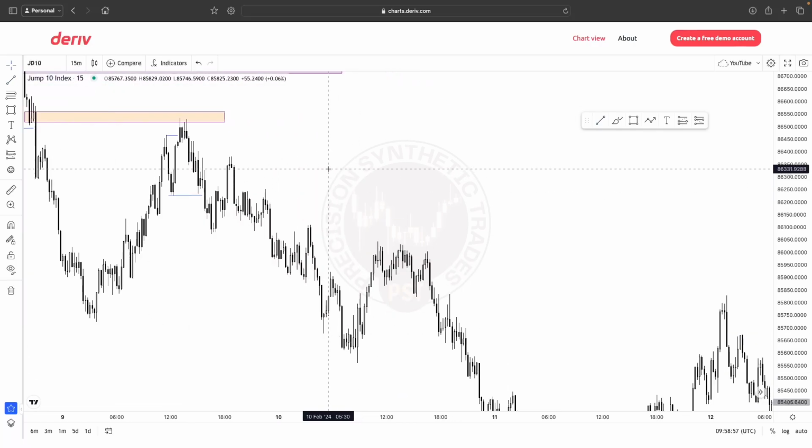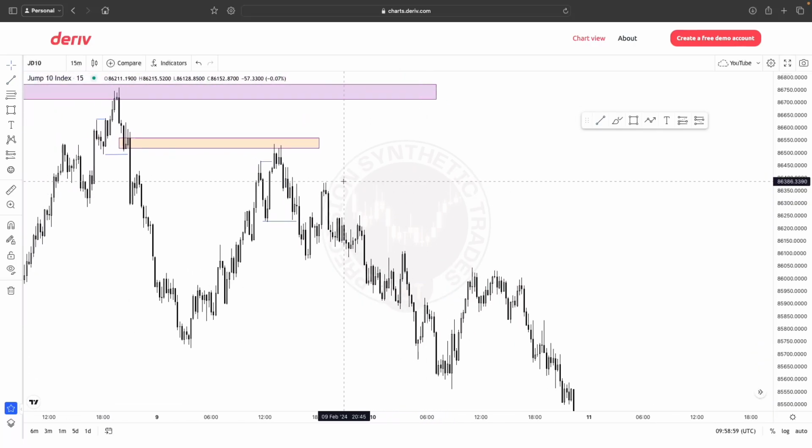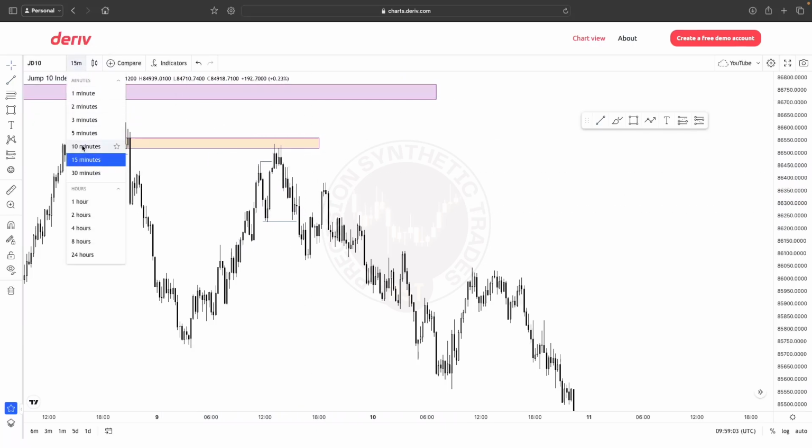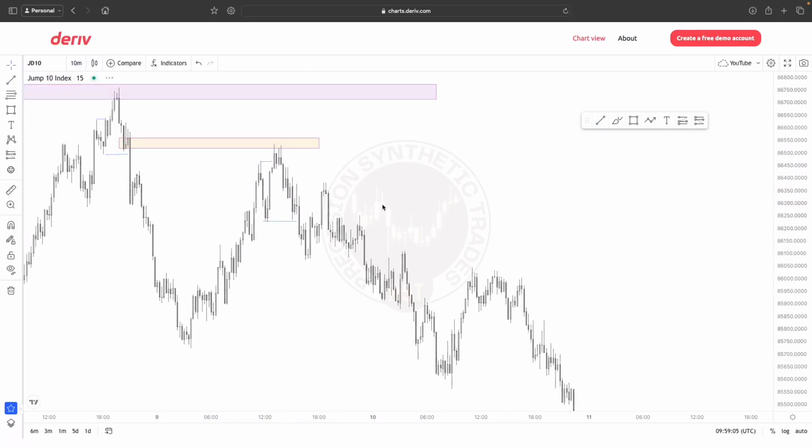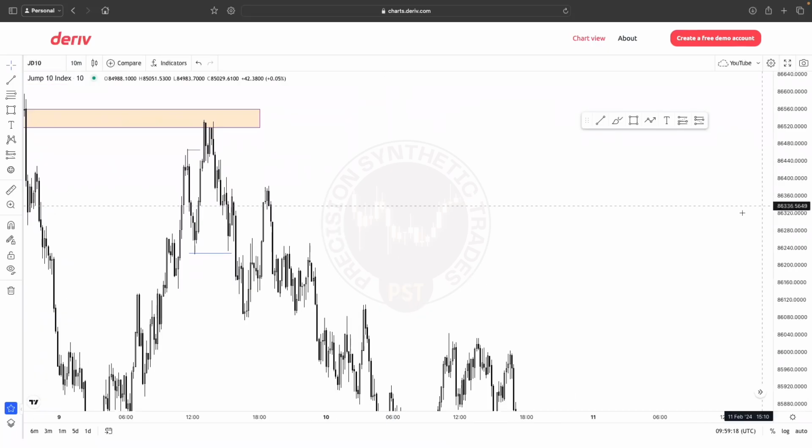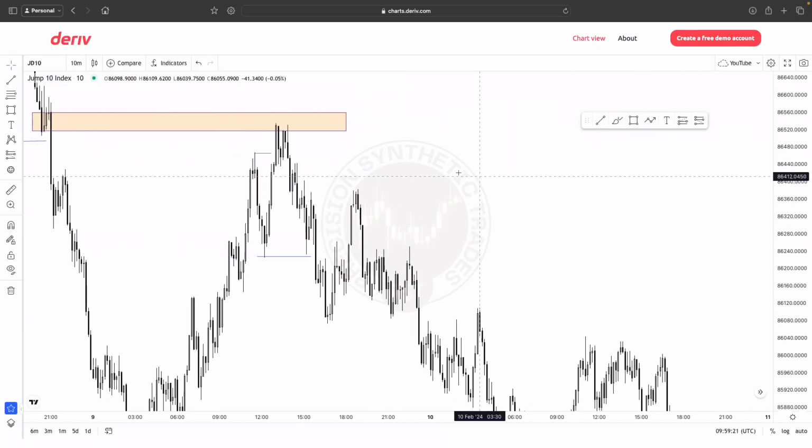All right. Can we see an order block or a fair value gap that's nice and clear? No, not really. Let's go a little bit to the lower time frames. Let's go to the 10-minute. Let's see if there's something now. We had a nice fair value gap that has been tagged in. We made our push.